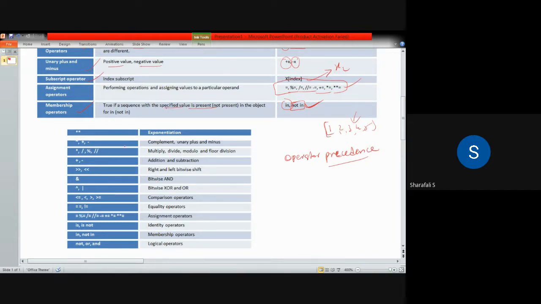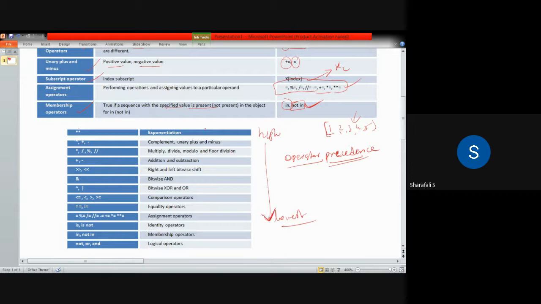Okay, the first one is exponentiation. This table represents operator precedence from the highest precedence to the lowest precedence.